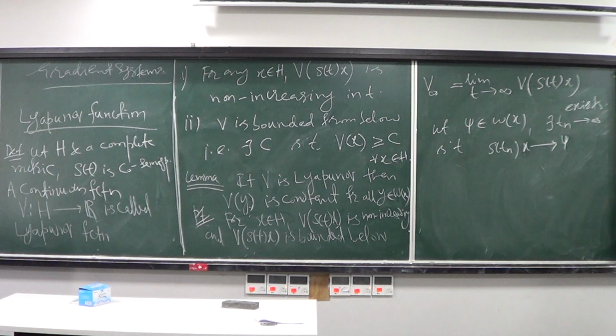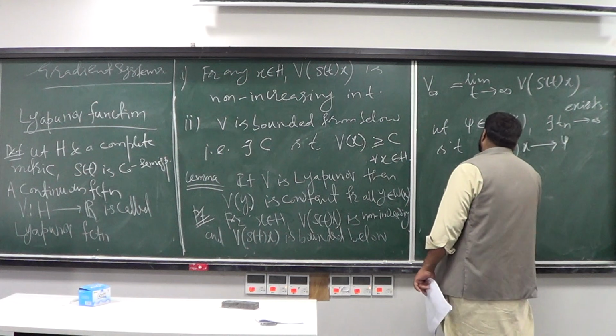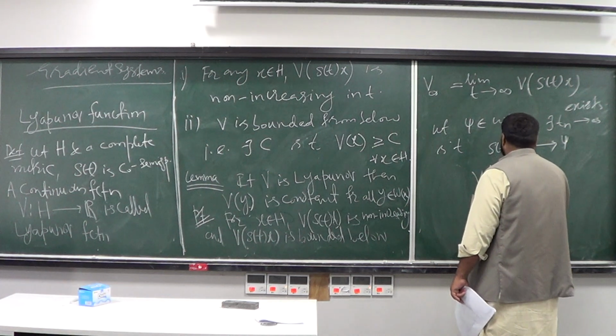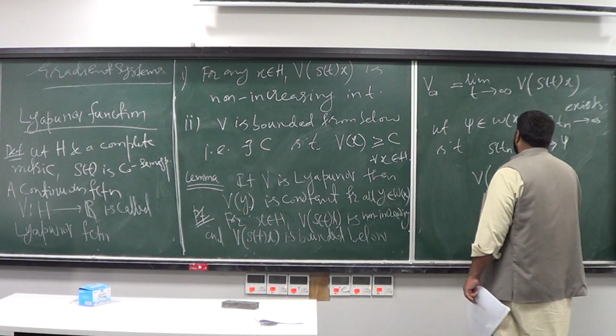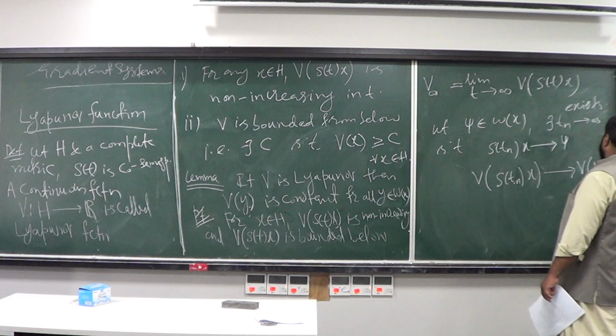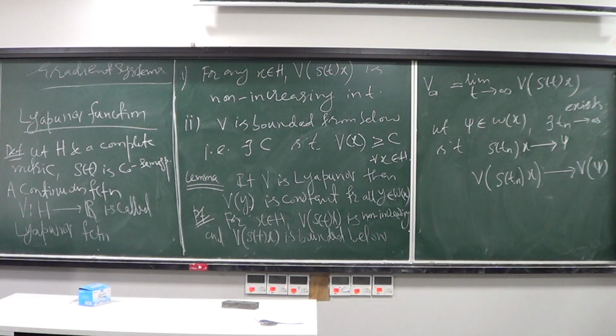Yes, it converges to psi. And if it converges to psi, then by continuity, since V is continuous, V of S of Tn operated onto x converges to V of psi, as Tn goes to infinity.